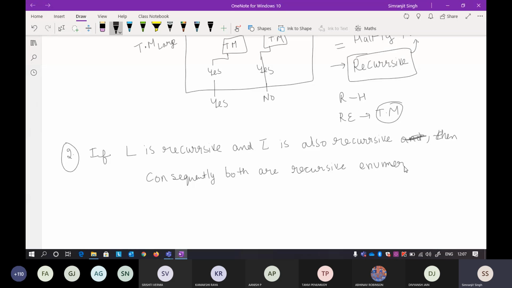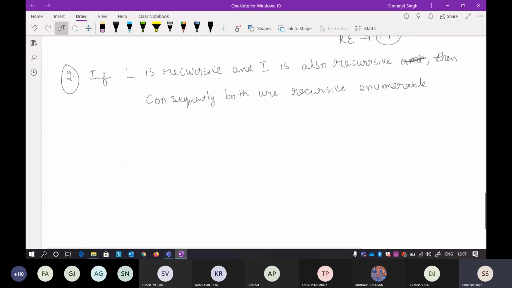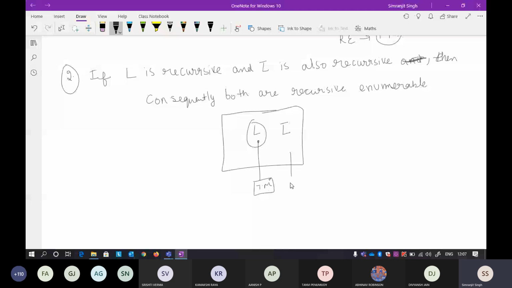This is just common sense. It is saying that if L is recursive and L dash is also recursive, it means for this particular string there is a halting Turing machine, and for this particular string there is also a halting Turing machine.